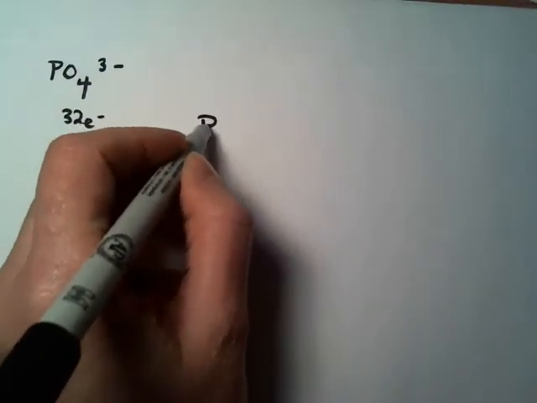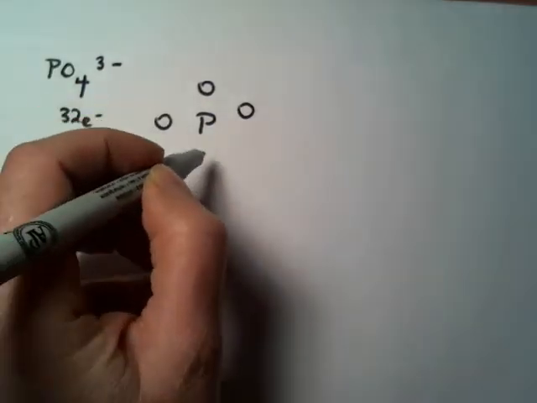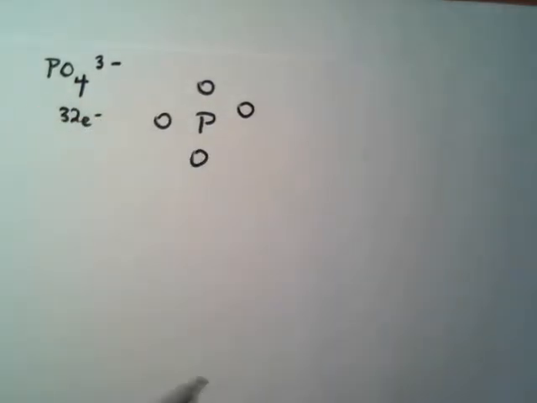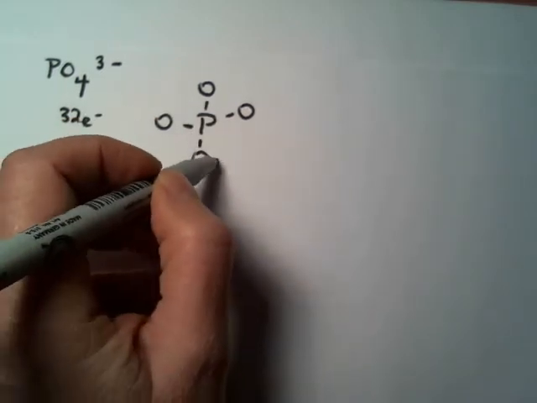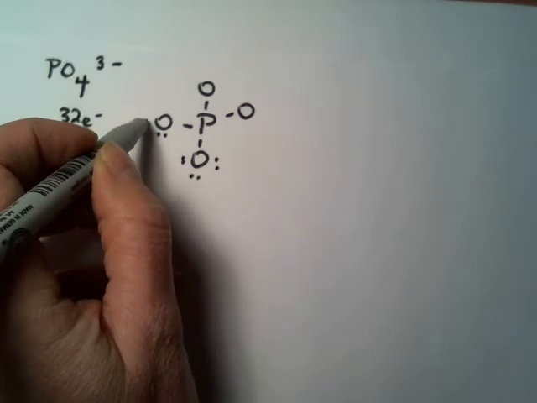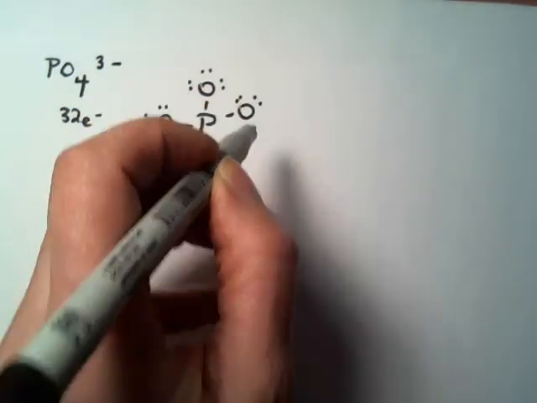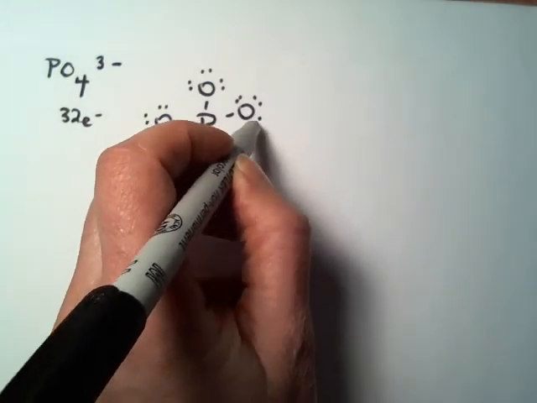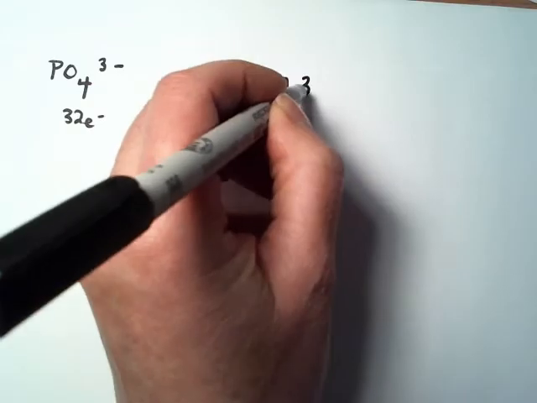So phosphorus is in the middle, and we arrange our oxygens around it, 1, 2, 3, 4, and I apply 2, 4, 6, 8, 10, and so on up to 32, that's it, and I have a charge of 3-.